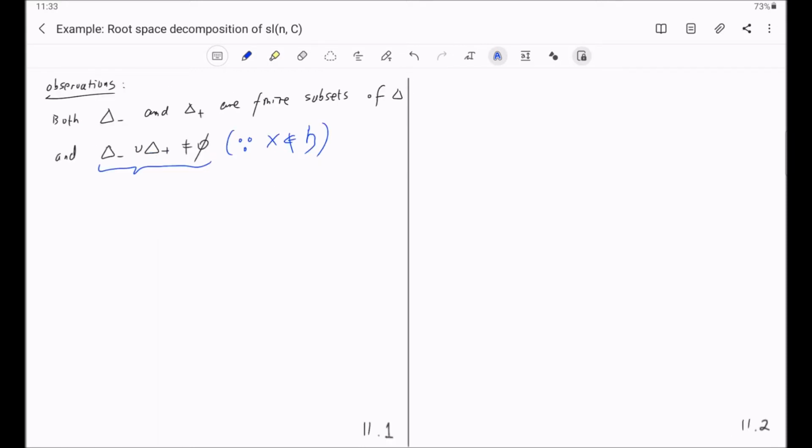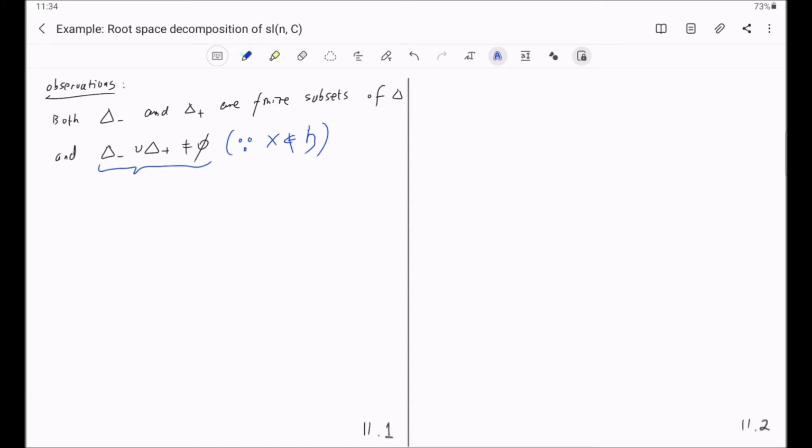And based on this observation, there will be two cases to consider. The case when delta negative is non-empty, and the case when delta plus is non-empty. And as you can imagine, by symmetry, it suffices to just prove one case, say when delta negative is non-empty.